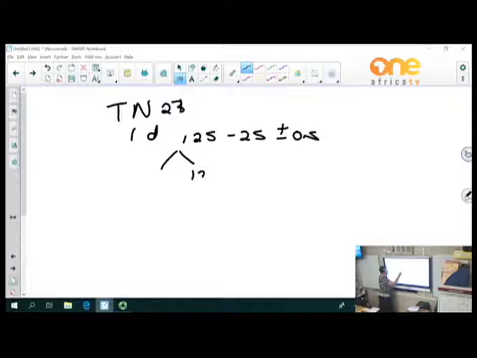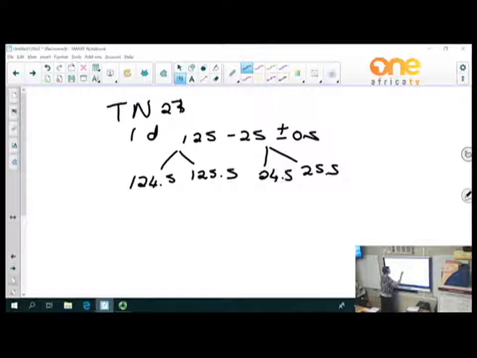So this one is then 125.5 and 124.5, and this one 25.5 and 24.5. This is minus, which means it will be lower, upper, upper, lower.